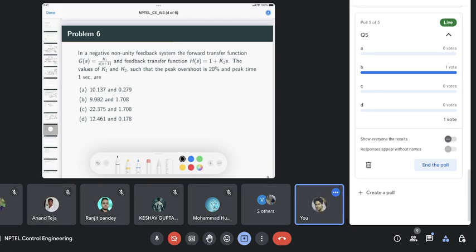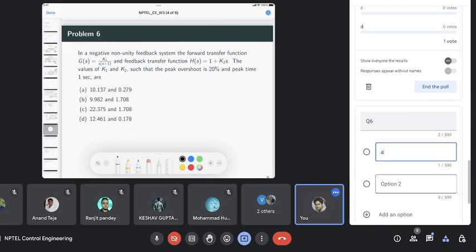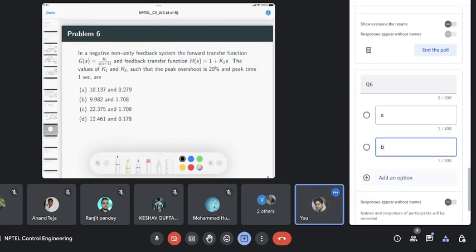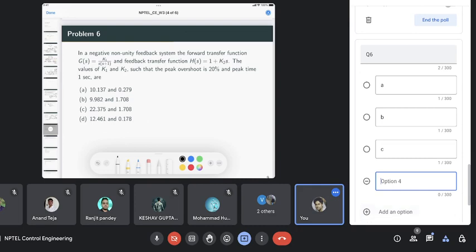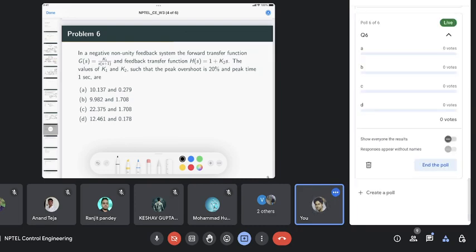Again we are just considering an underdamped system, which is clear from the given data, because you are given peak overshoot and peak time, which are valid only for an underdamped system. You can answer through poll on the first try, then we will discuss. I hope this question is clear.